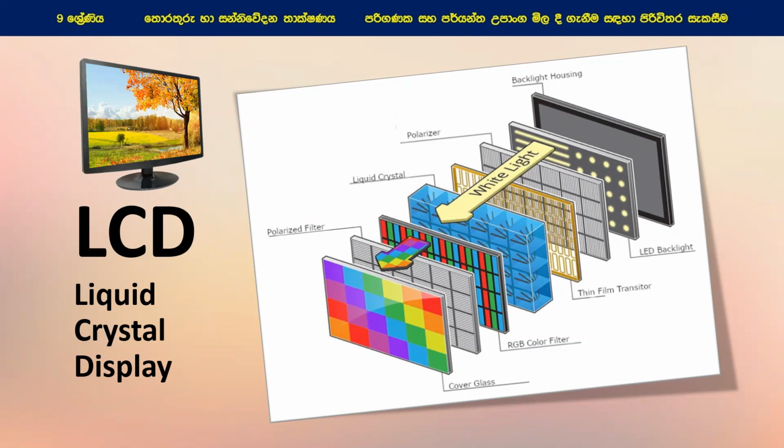And again, people, these details are not for your syllabus. I'm just showing you if you are really curious about this thing. And it has many different layers. So there are some technical stuff as well. In short, what is happening is they are converting the white light into many different bright colors, so the pictures can be seen by us on the particular glass in front of us, right?